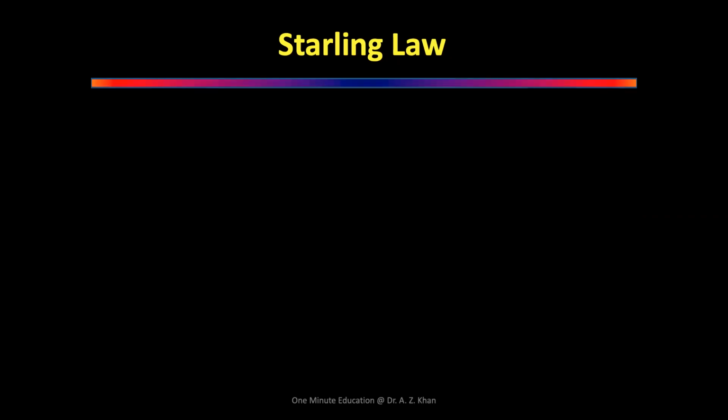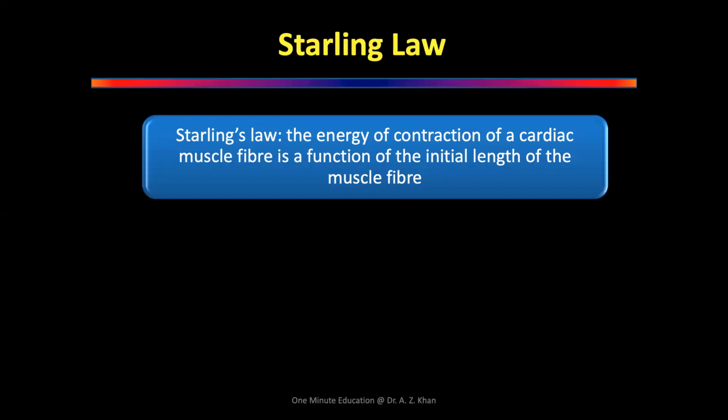Okay, so while you are drawing the diagram, let me tell you what is Starling's law. Starling's law is that the energy of contraction of a cardiac muscle fiber is a function of the initial length of the muscle fiber. It's very, very important. This is the key to the whole contraction of the cardiac muscle and why in cardiomyopathy you get poor ejection fraction.